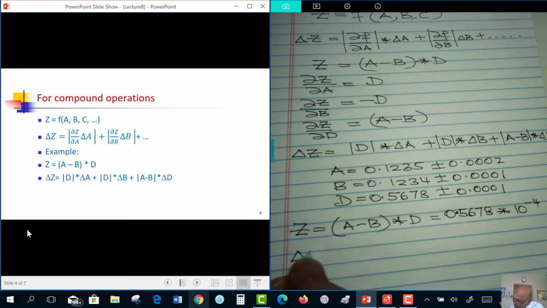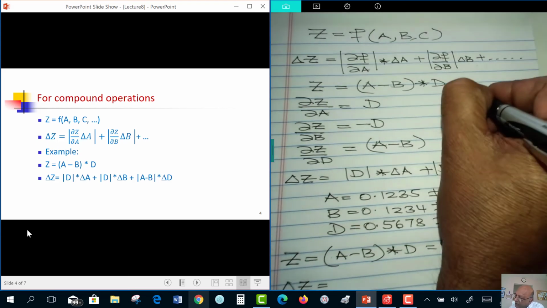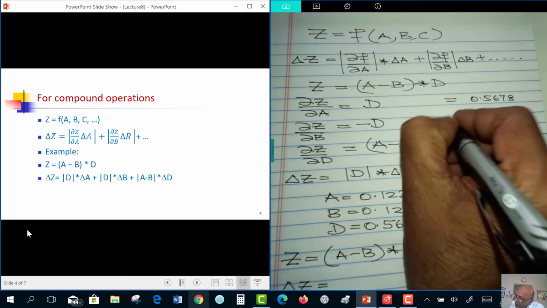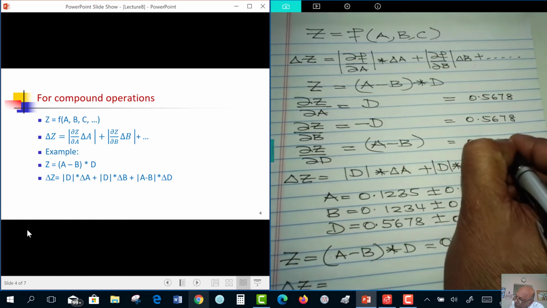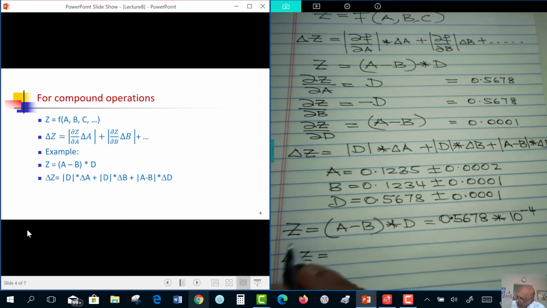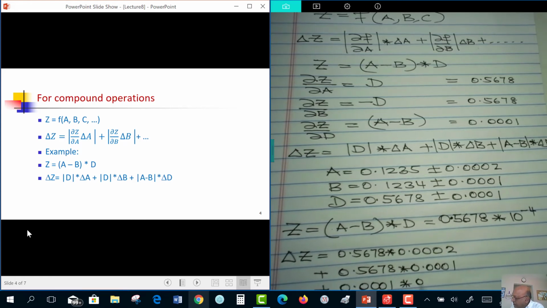Let's calculate delta Z. So using this table, we know D is 0.5678, 0.0001. So our delta Z would be 0.5678 times delta A, 0.5678 times delta B, 0.0001 times delta Z.